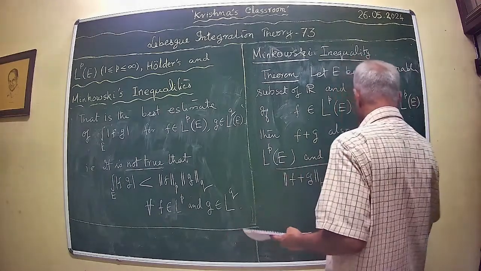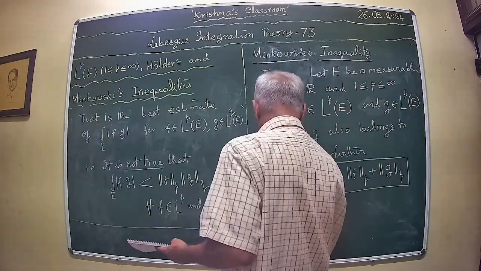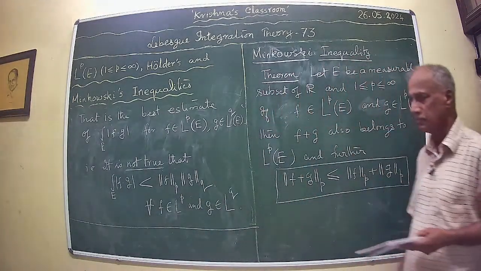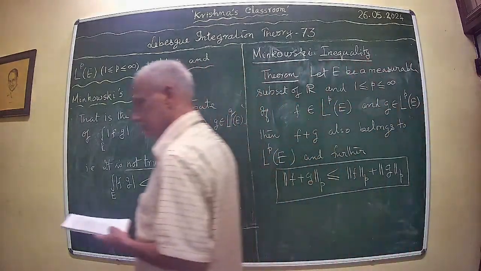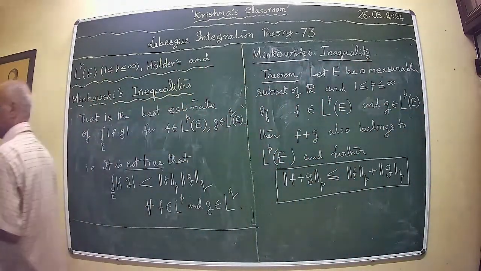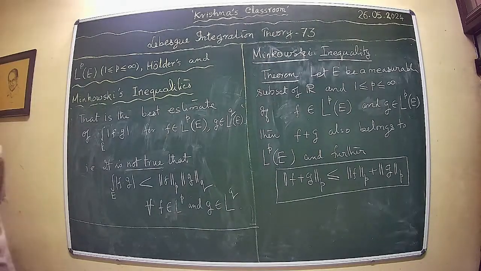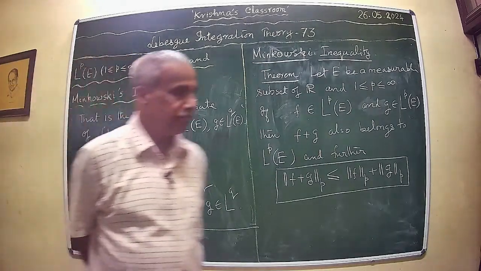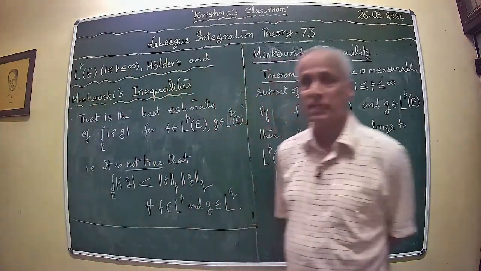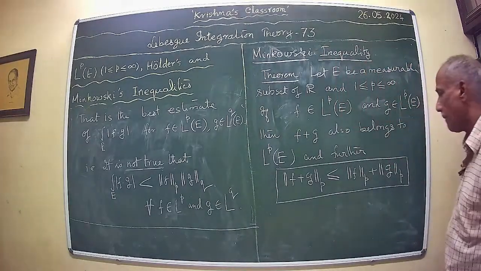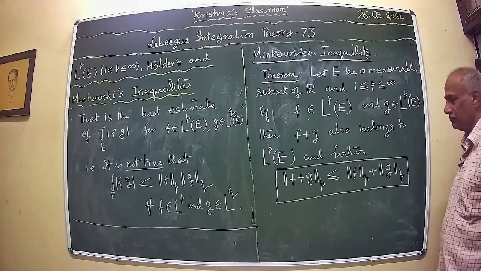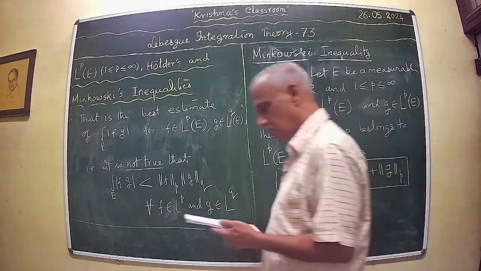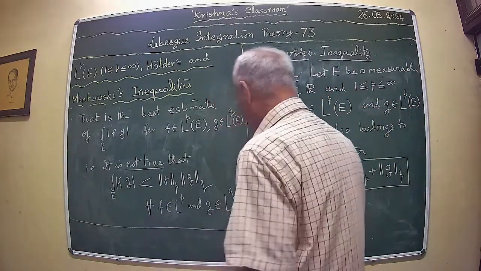This is the Minkowski inequality, very significant, which is a vital ingredient in proving that the norm of f p is essentially the norm of f. It's called the LP norm. So let us prove this.